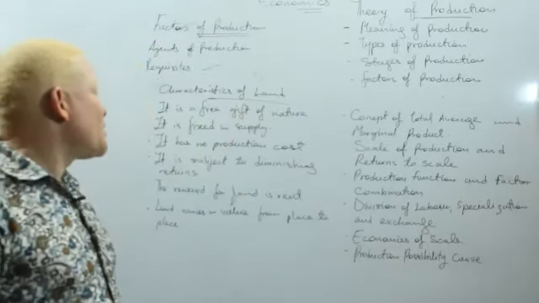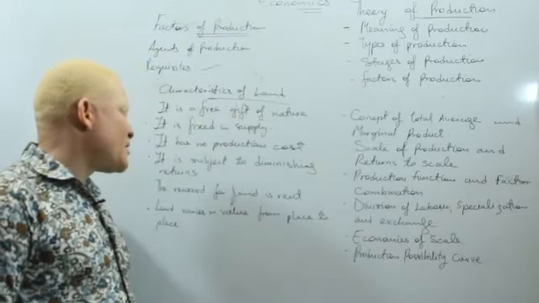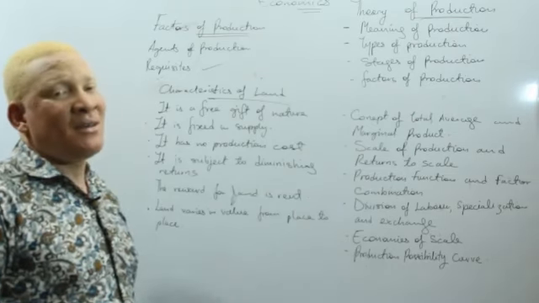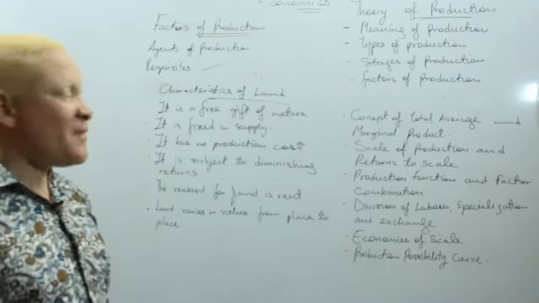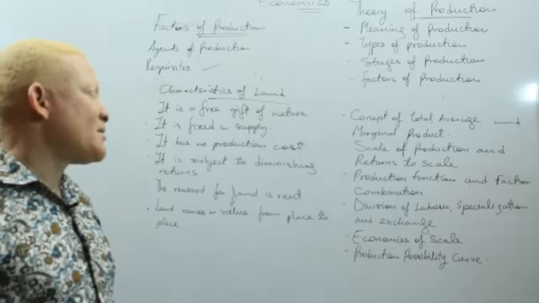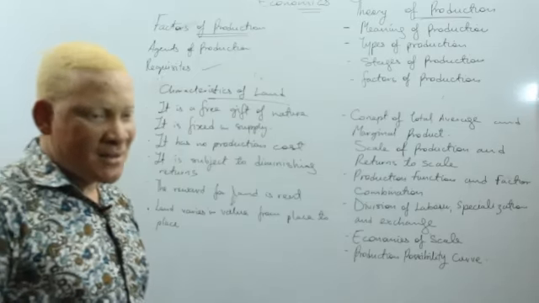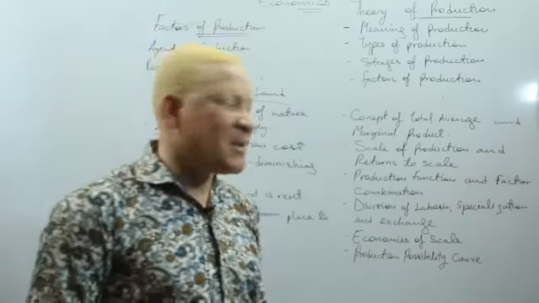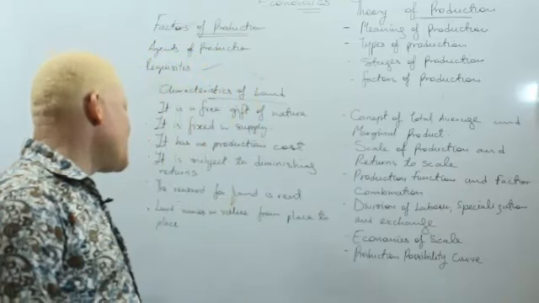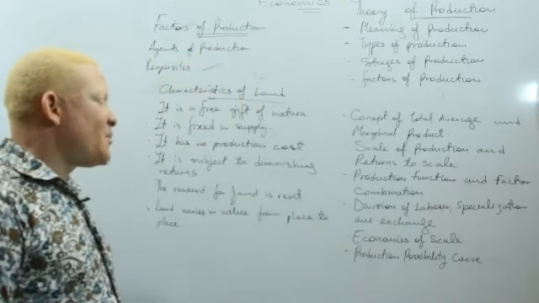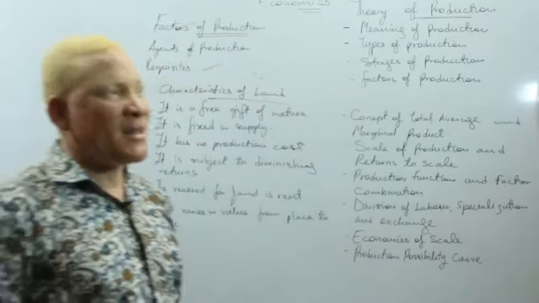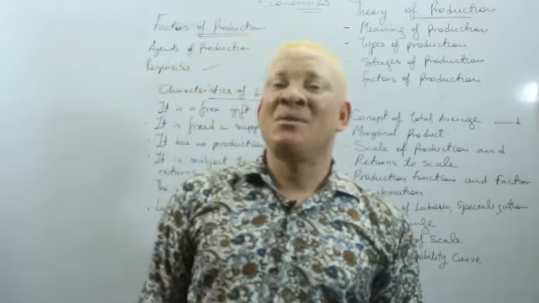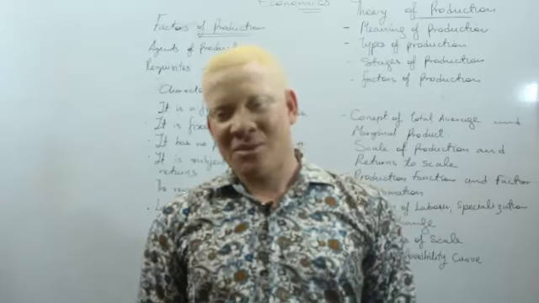Now, the next one is that the reward for land is rent. That is, whatever you pay for the use of land is referred to as commercial rent. And the next one, that land varies in value from place to place, which means that the things that you can get on land depend on the climate of the area where it is located.